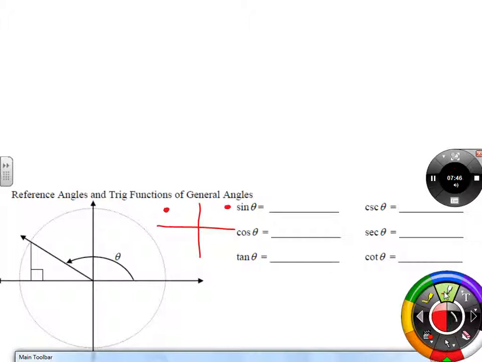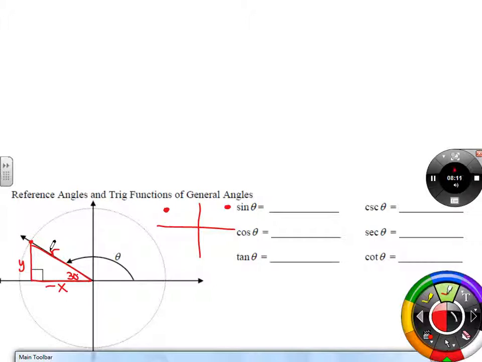What I'm going to do is find that location, connect it back to the x-axis, and build a triangle that has an angle measure right here, less than 90. Knowing that, I can do the same thing I would do on the other side, and it's all the same except that this one has a negative x value, a positive y value, and a positive radius. Or this one would have had a positive x value, a positive y value, and a positive radius.